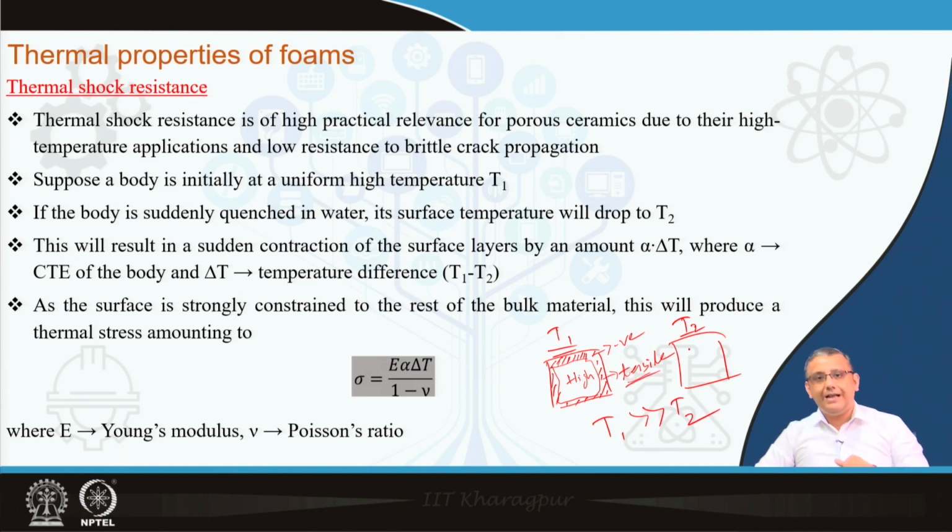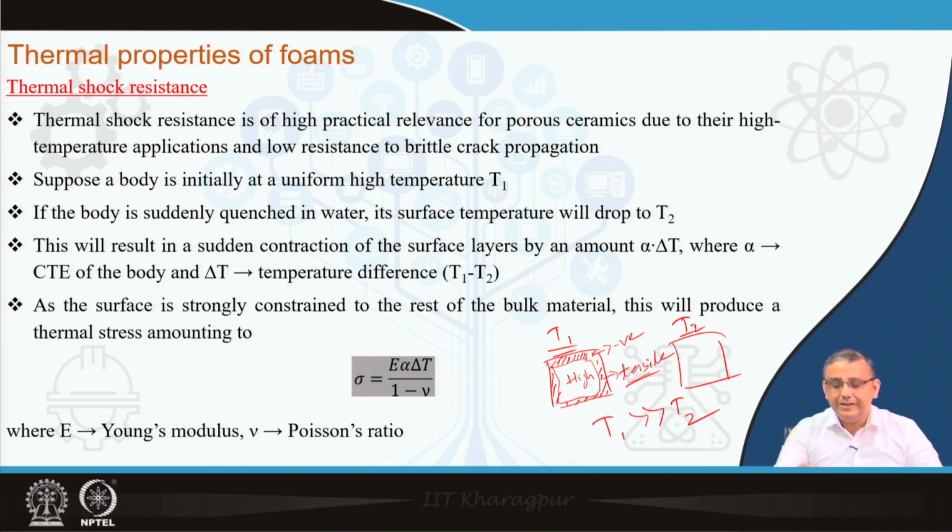And as we know, ceramic materials especially are very susceptible to tensile failure, because they are very brittle materials with a low fracture toughness. This high temperature mismatch can initiate cracks at the outer surface, and that might lead to spallation or some damage of the outer surface.